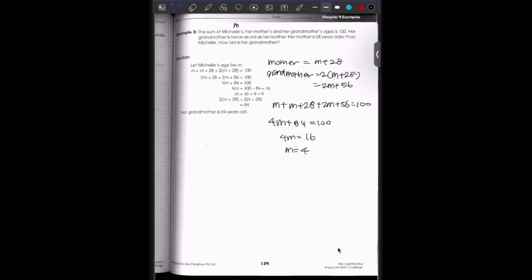So Michelle is going to be 4 years old. Now we're looking for the age of the grandmother, which is 2M plus 56. And so that is going to be 2 times 4 plus 56, which is 56 plus 8, which gives us 64. So the grandmother is going to be 64 years old.